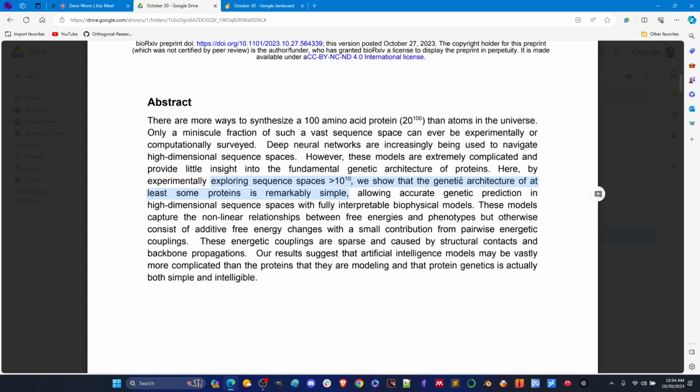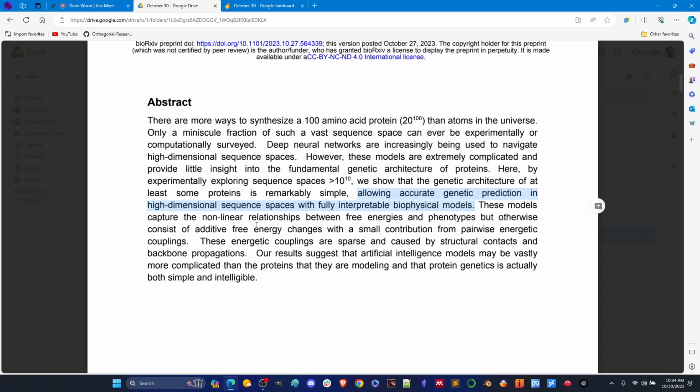But then we show that the genetic architecture of at least some proteins is remarkably simple, allowing accurate genetic prediction in high-dimensional sequence spaces with fully interpretable biophysical models. So as opposed to deep learning models, biophysical models are much more interpretable, especially in terms of the underlying biology. You can have your cake and eat it too.